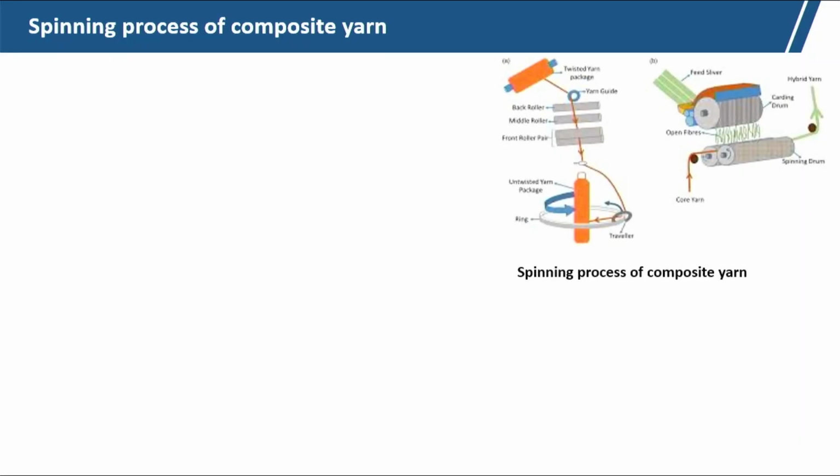The spinning process we can see here, this is the friction spinning process, and it is very widely used for technical yarn production. Now, here you can see the feed sliver which is staple fiber.